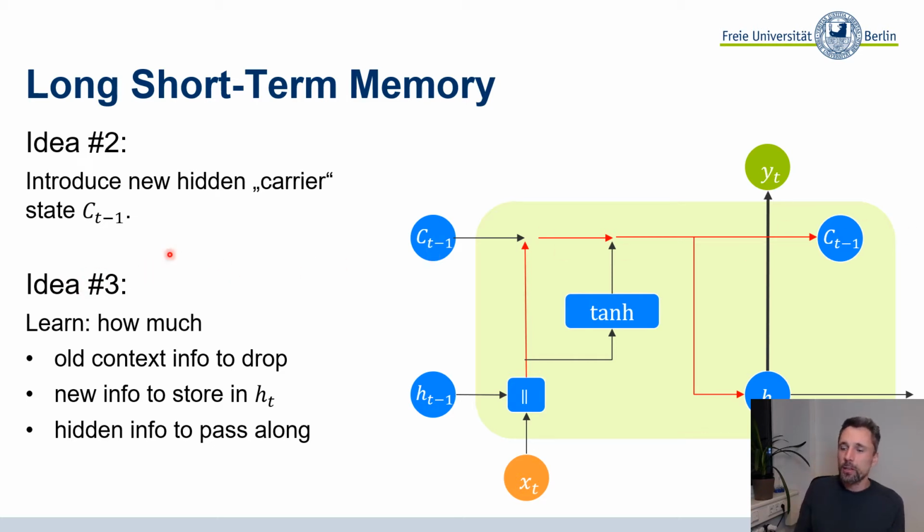And the third idea is also cool because we will organize the network such that it can learn what information to drop coming in from the context vector, how much information to actually retain in the hidden state H, and how much of this information to pass downstream to the next time point.